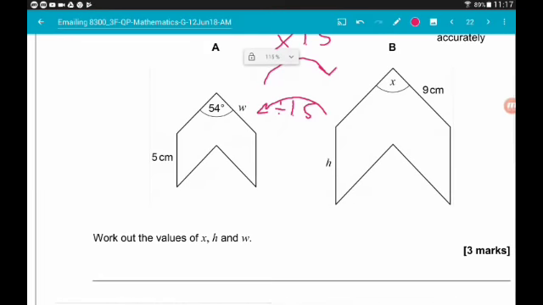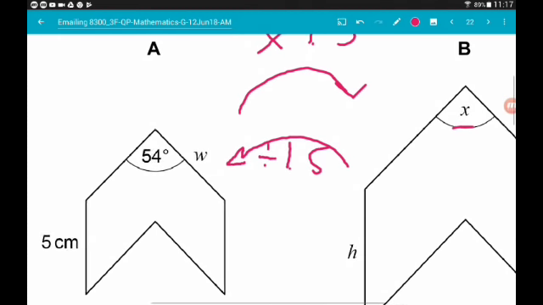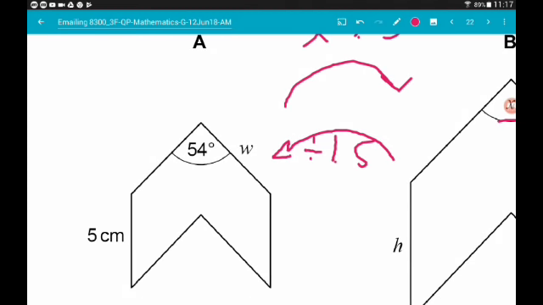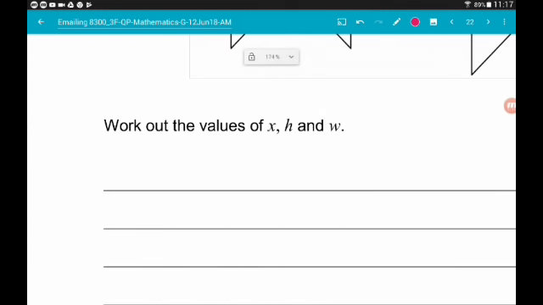So the question asks us to work out the value of X, H, and W. So X is this angle here. On shape A, that angle is 54, so it's exactly the same in shape B. So X is 54 degrees.